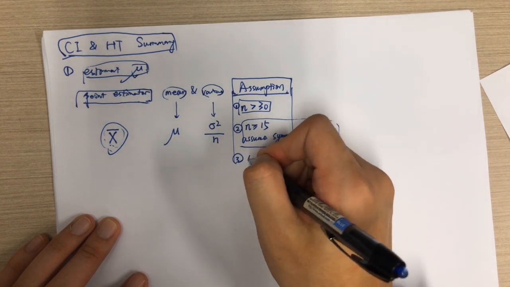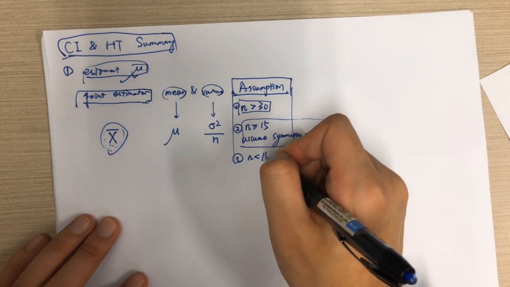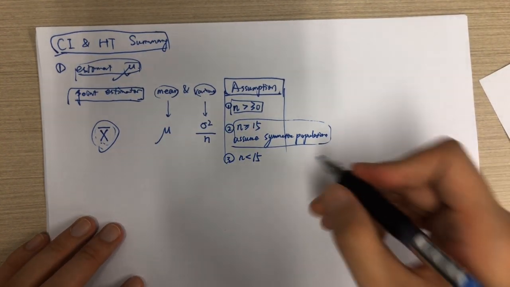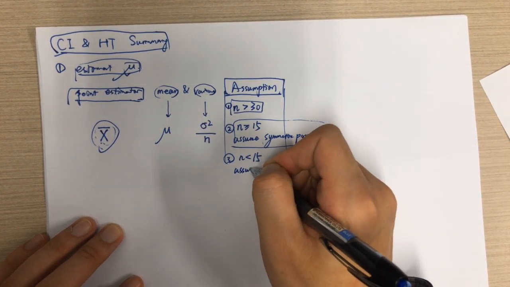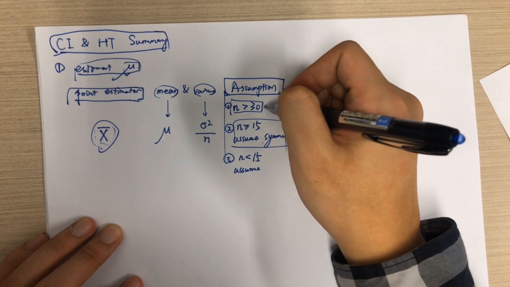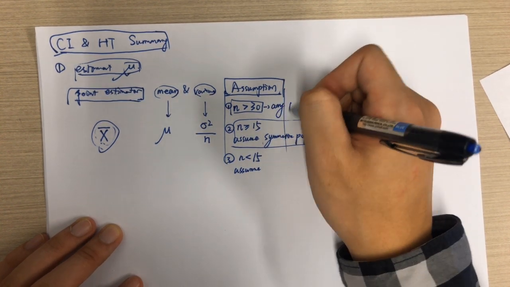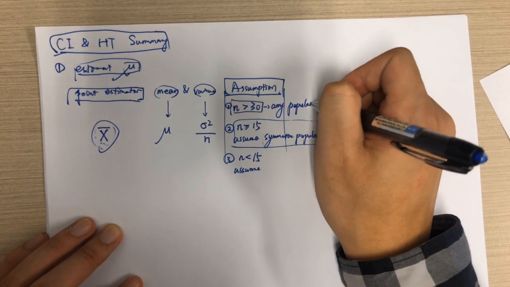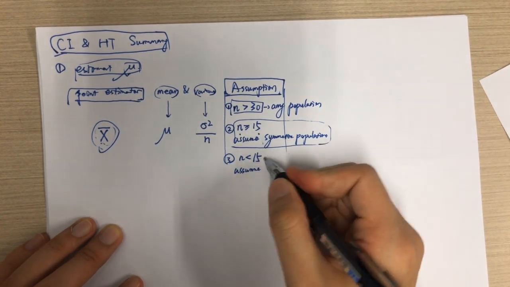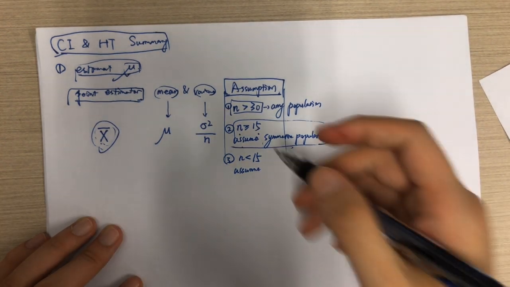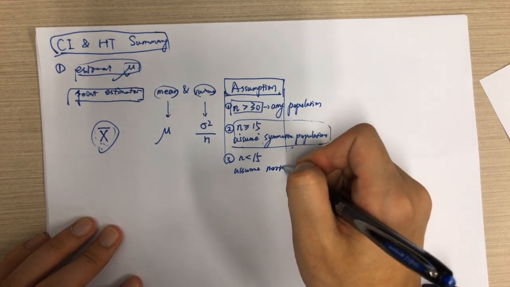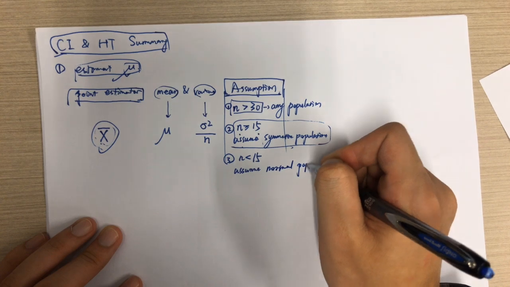And thirdly, even when n is less than 15, we not only need to assume symmetric, but we need to assume a normal population. So for n greater than 30, any population; for 15 or more, assume a symmetric population; less than 15, we need to assume a normal population.